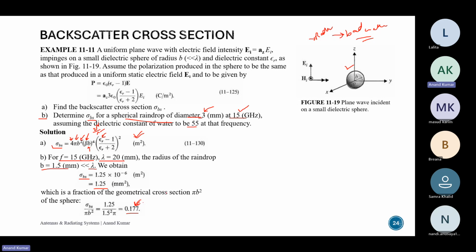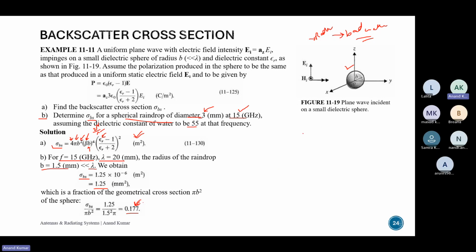So hence we use radar to detect aircraft and for other applications. For example, if it's raining, it is cloudy, we can still detect the aircraft at the airports you must have seen.